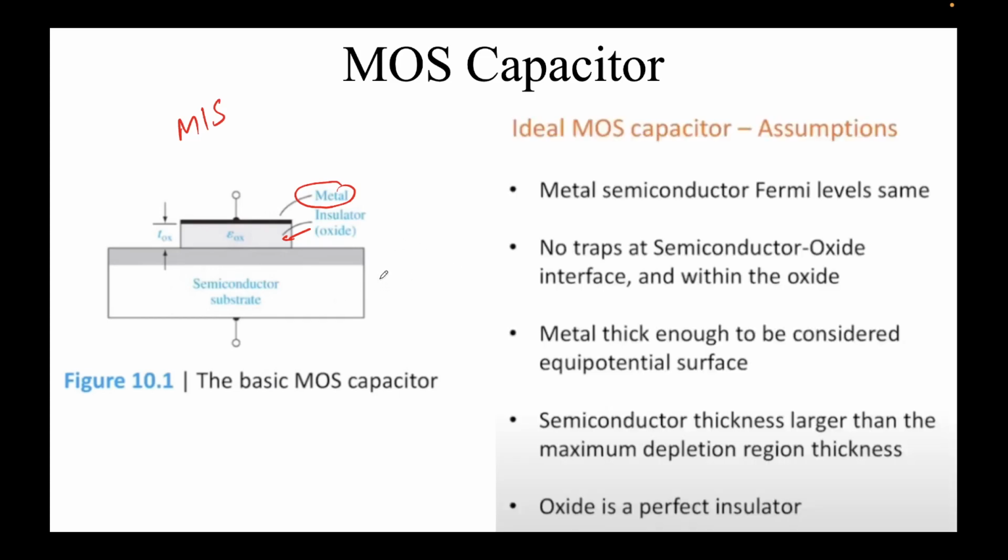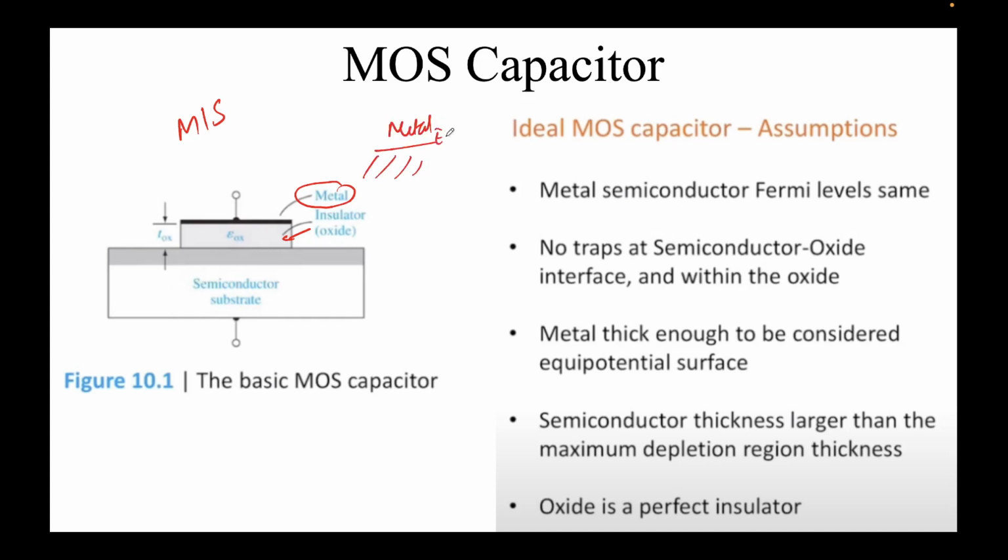There are some assumptions which we are making because real world complications always arise, so we first make some assumptions and we'll relax them one by one for a more complicated case closer to the real world. So metal and semiconductor Fermi levels are the same.